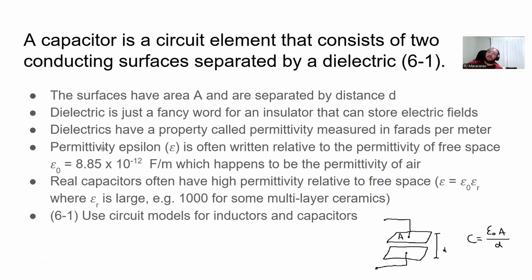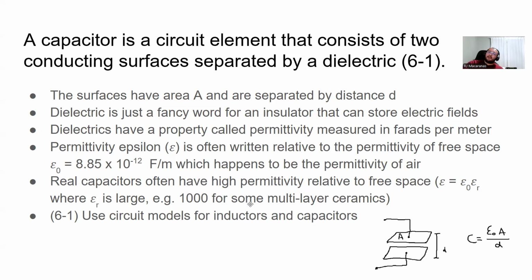They chose this constant just because it's the permittivity of air, really. So if we have a relative permittivity, epsilon sub r, of one, then we're just dealing with a dielectric of air, which is hardly ever the case, really.